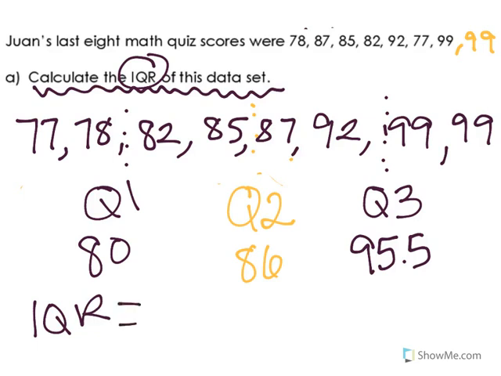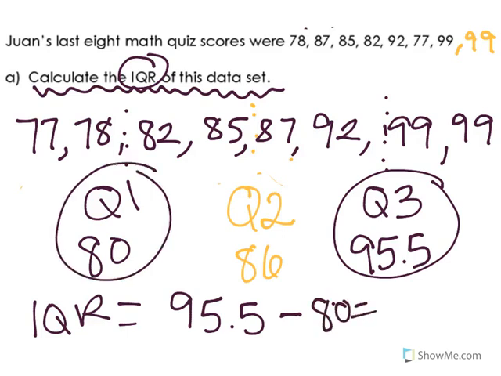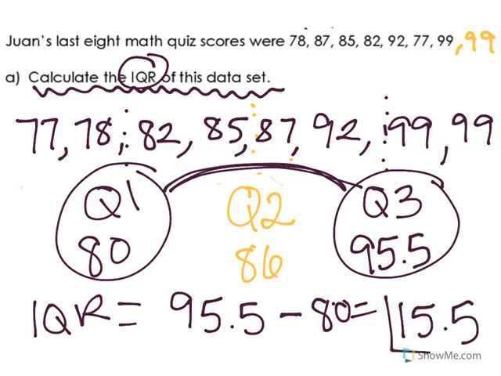I can take 95 and 5/10, my quartile 3, and subtract 80, which is my quartile 1, to find the range between those two numbers. When I take 80 away from 95 and 5/10, I get 15 and 5/10 as my IQR of this data set.